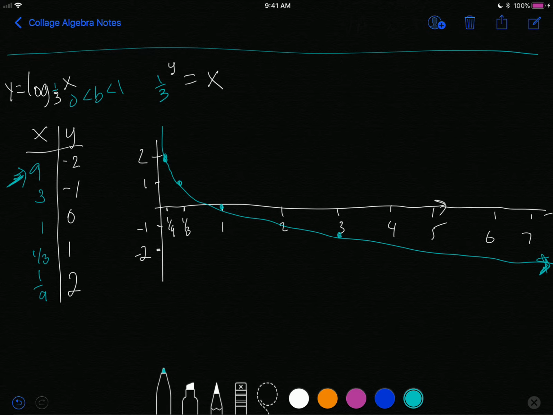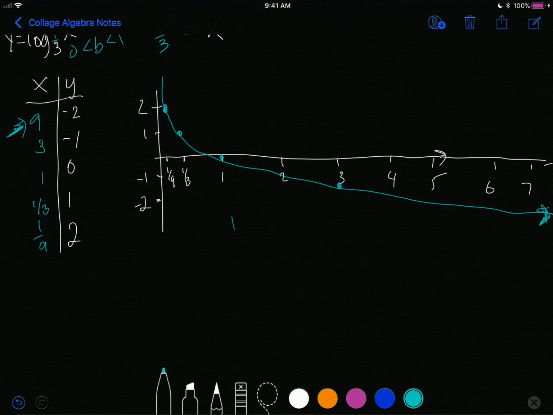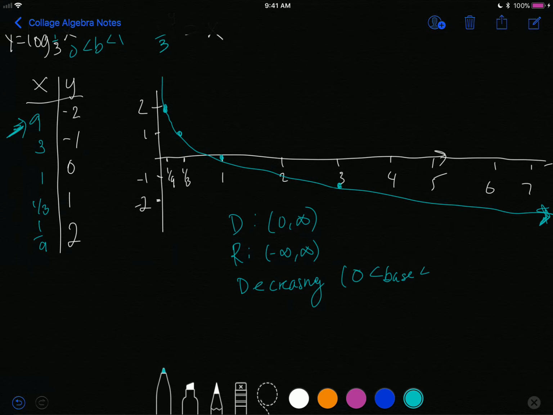So what are my properties? Well, I already know my domain and my range because they've been flipped. So it's going to be 0 to infinity. Again, no negative numbers, no 0 for logarithms. And my range is still going to be negative infinity to positive infinity. The graph is now decreasing, and that's because the base is a proper fraction between 0 and 1.